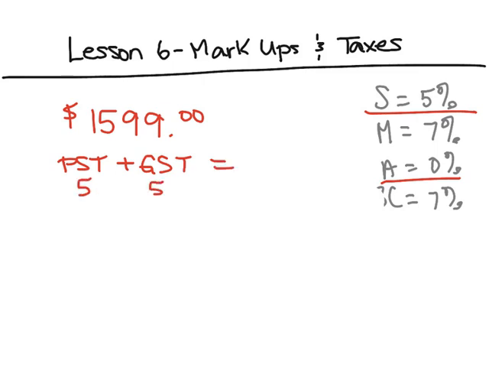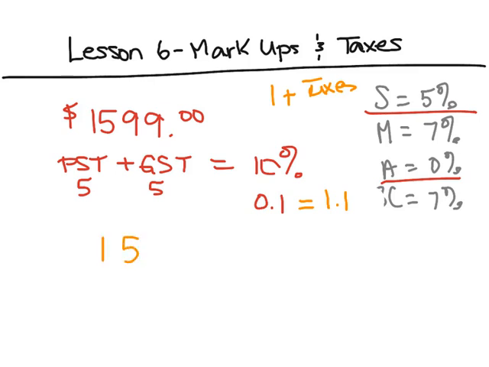So we have 10% tax. To calculate our PST and GST, we're going to multiply by 0.1. And to calculate our total cost altogether, we add 1 to it. So 1 plus the taxes, so 1.1. And this will give us our total cost.